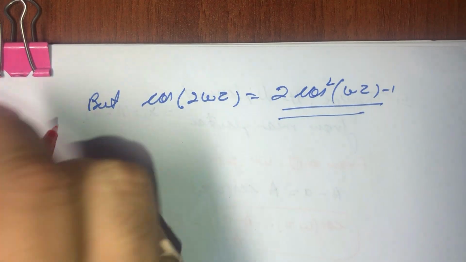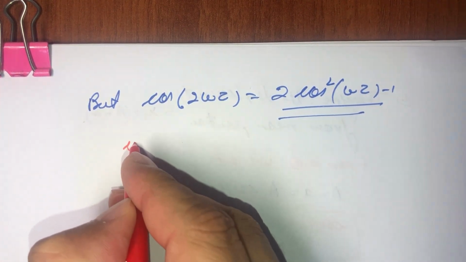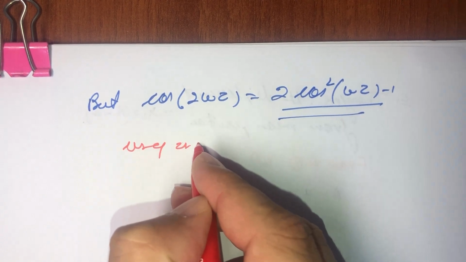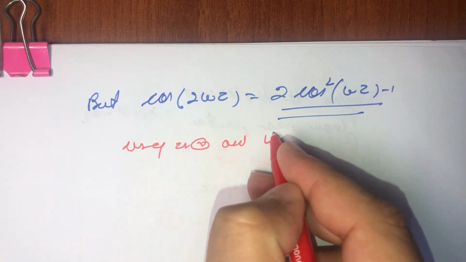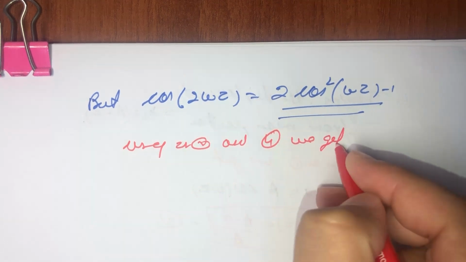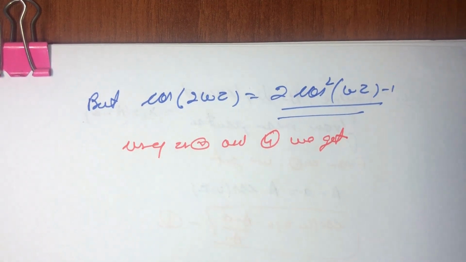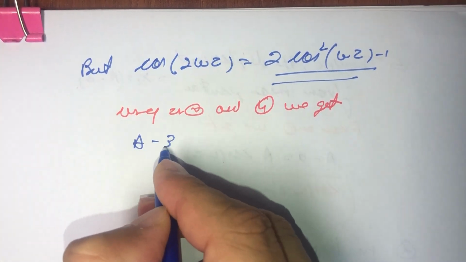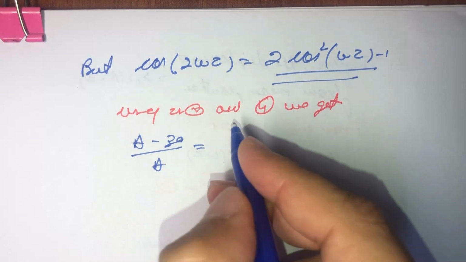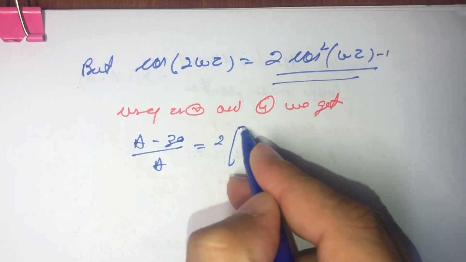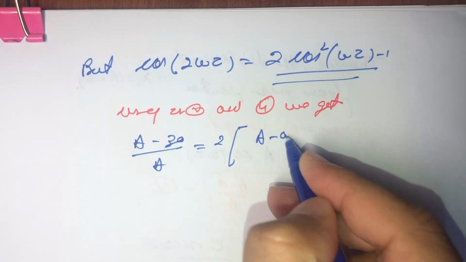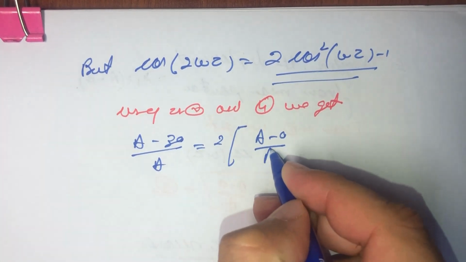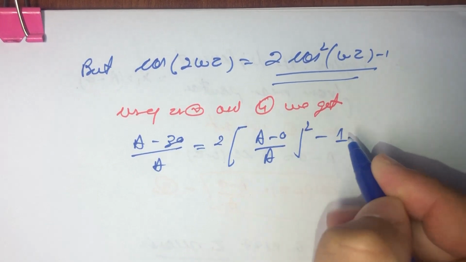We use equation 2 and 4. Using equation 2 and 4, we substitute the value, and we get minus 3a divided by a is equal to twice, and this becomes a minus a, divided by a, whole square minus 1.